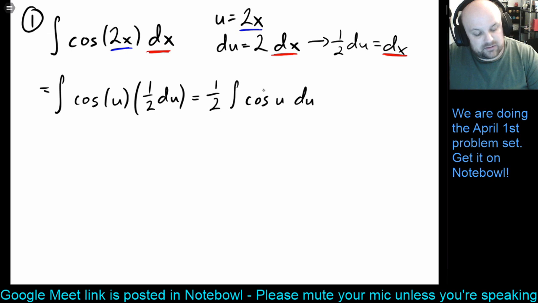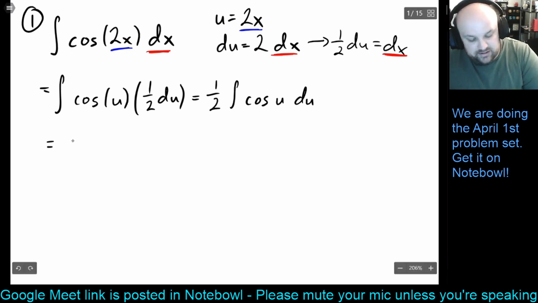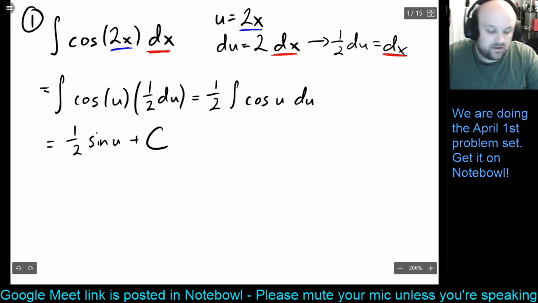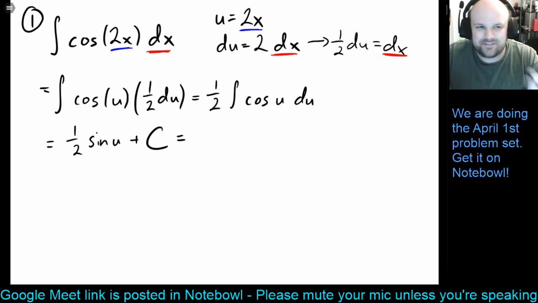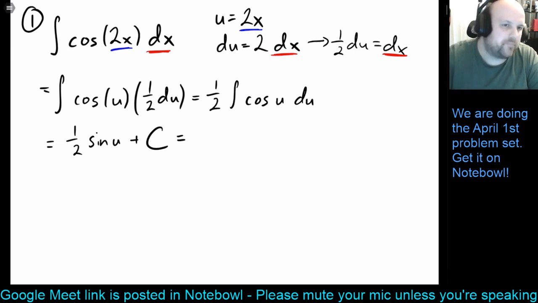Now we're just integrating cosine, which is sine. So 1/2 sine of u, plus c. Technically the 1/2 distributes onto that c as well, but a half of an arbitrary constant is still just an arbitrary constant, so there's no real reason to worry about it.